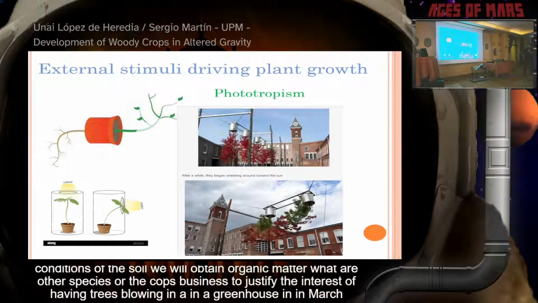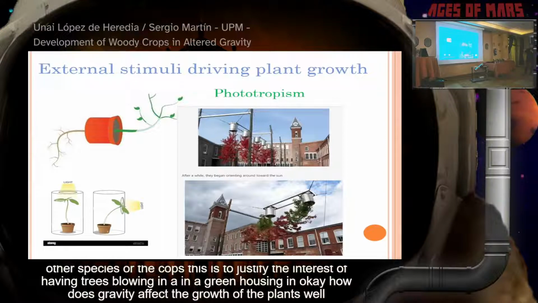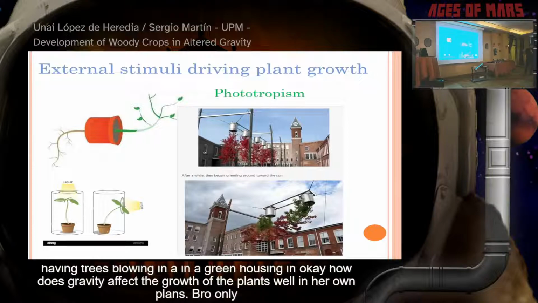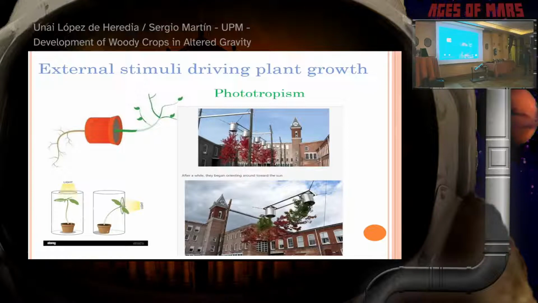How does gravity affect the growth of the plants? Well, in herbaceous plants, those that grow only from the tips, the combined effect of phototropism is well known and well characterized.